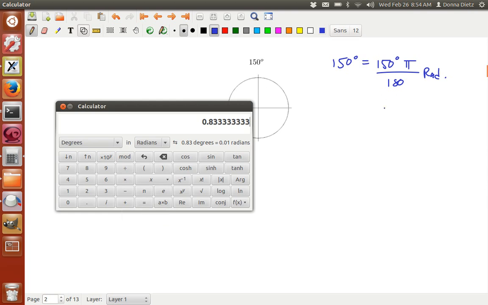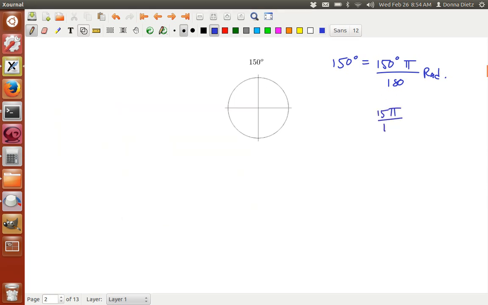I have to just reduce this fraction. 15 pi over 18. Let's see. I didn't answer that on the answer key, but that's fine. I mean, that's radians. I don't like the way that looks, but that's what the answer is. Sometimes that happens. I'm thinking that there's a better way to write that, but I don't think there is.